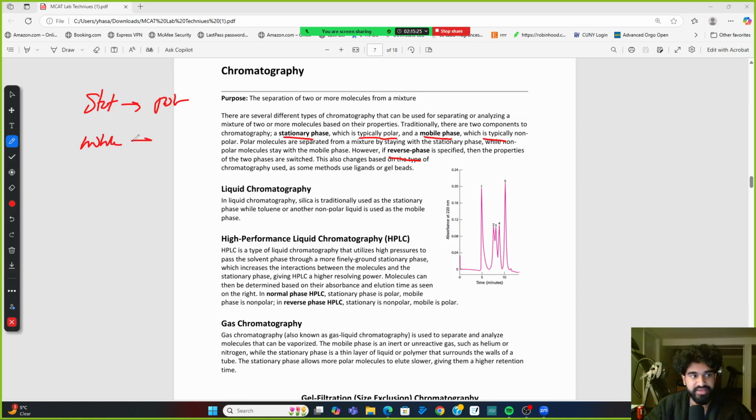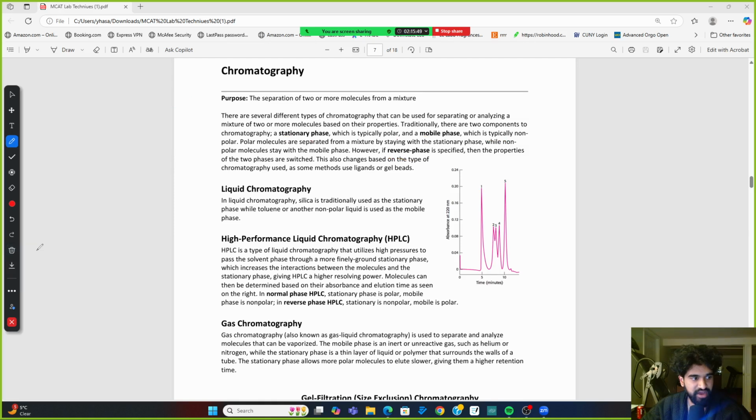Mobile is normally nonpolar. So for example, the one you did in college, right? Thin layer chromatography is on paper, cellulose paper, with hexane as a mobile phase. The cellulose is polar, and the hexane that you dip it in is nonpolar. And the hexane moves up the paper and brings up nonpolar stuff with it, right?